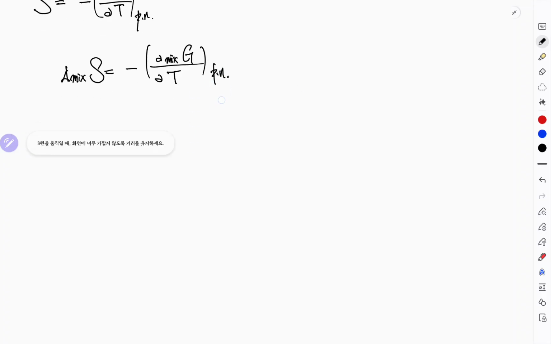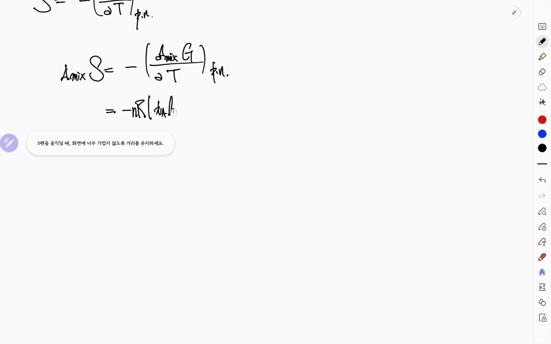So here again, the mole fraction is always smaller than 1, meaning that ln(x) is negative. But the entropy has a minus sign, so this means that the entropy change of mixing is always positive. So this also indicates that this mixing process for two perfect gases is a spontaneous change.